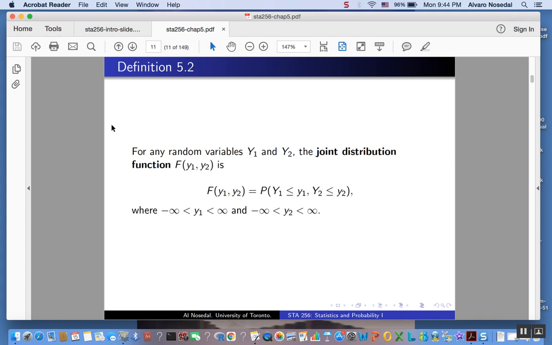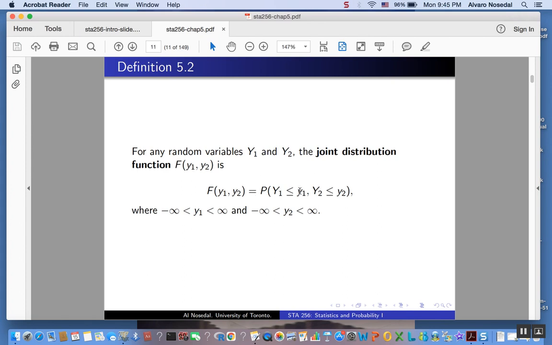So that's our first definition that we're going to be discussing in this video. As you can see, as I advertised, this is just an extension of the concept of cumulative distribution function. Can you see? That is parallel to that concept.